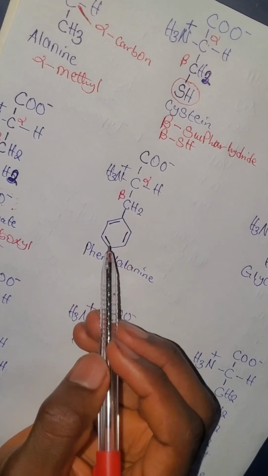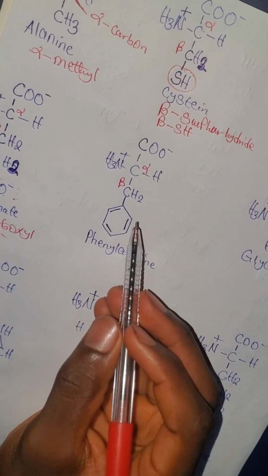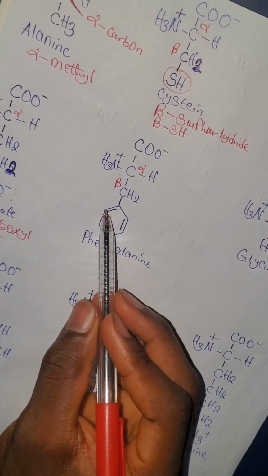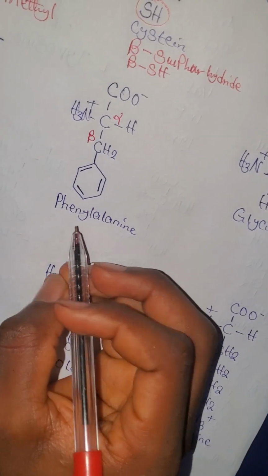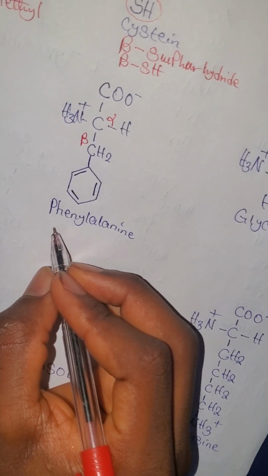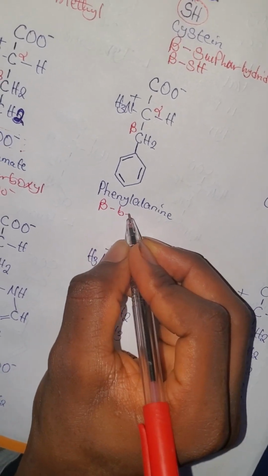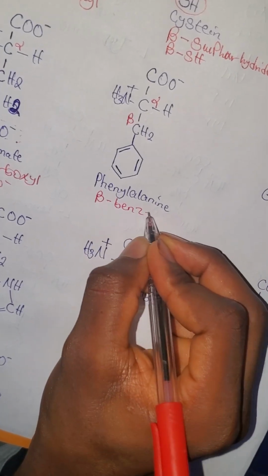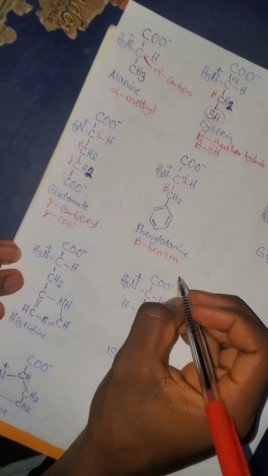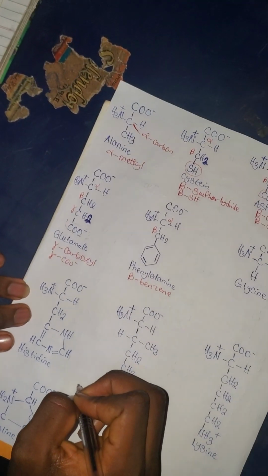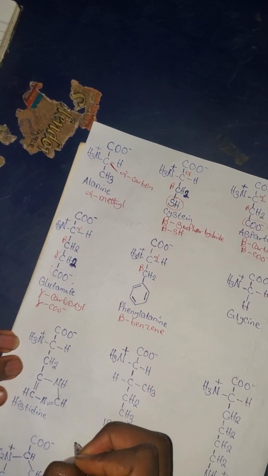It's on the beta carbon that we have this ring, and if you understand your chemistry very well, you agree with me that this ring is a benzene ring. So we can abbreviate the structure as beta benzene. I hope you're following. This is beta benzene.